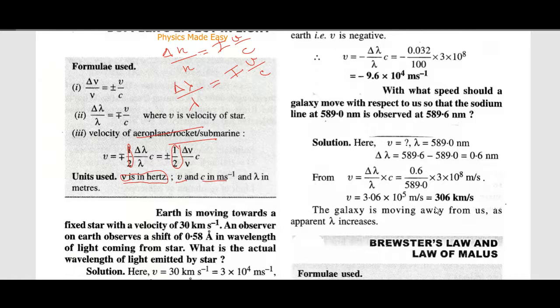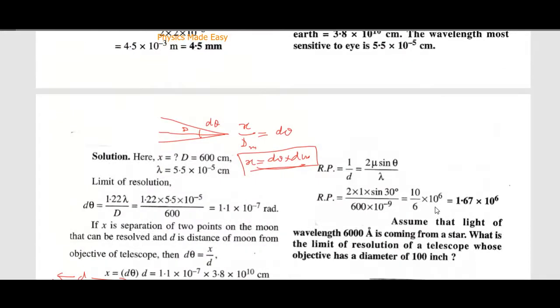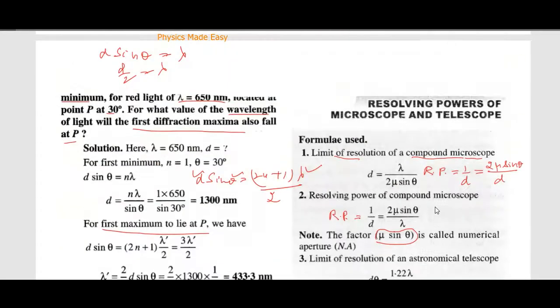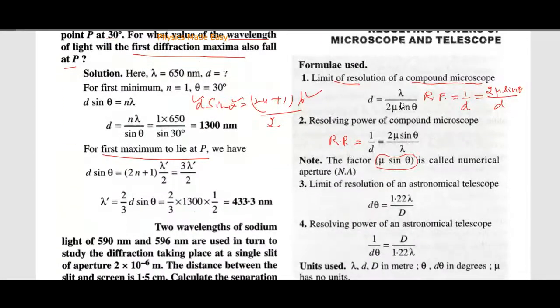Now, I would like to summarize this lecture. What are the important points that we got from the whole of this lecture? One is limit of resolution is opposite of resolving power. First point, notice, mu sine theta is numerical aperture.